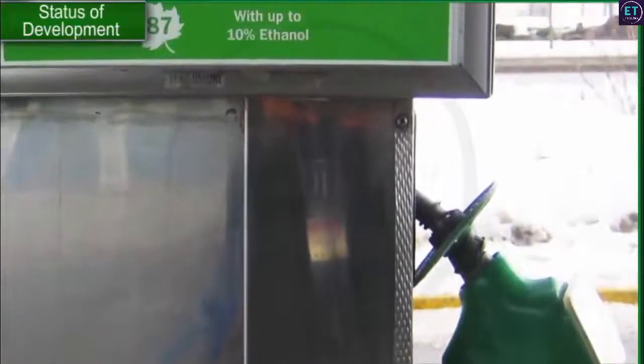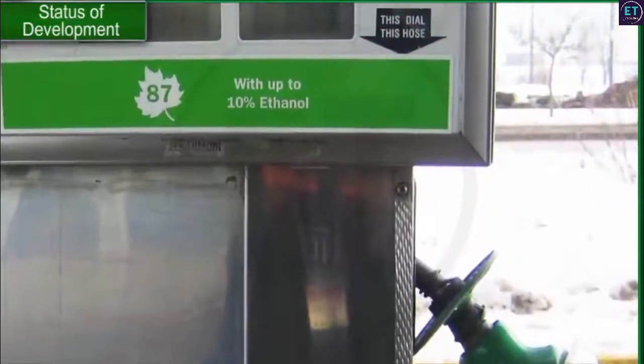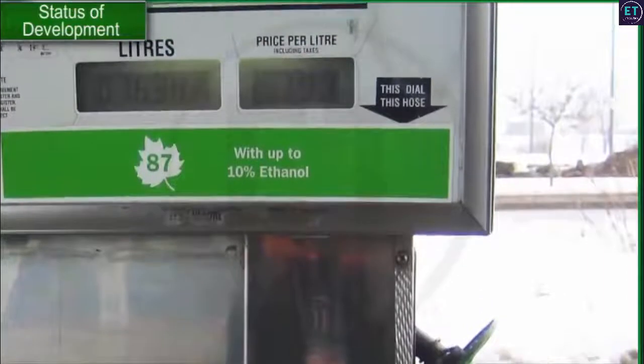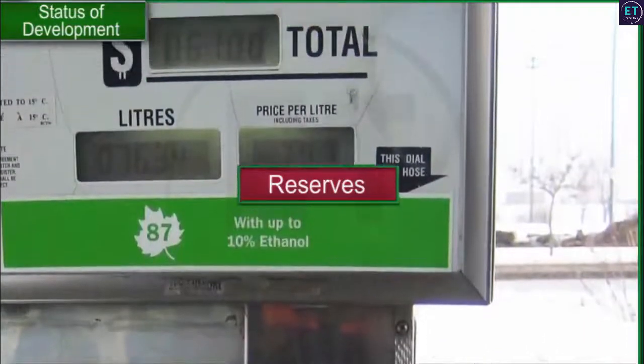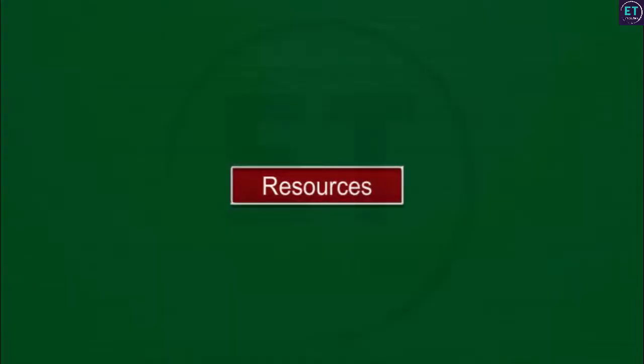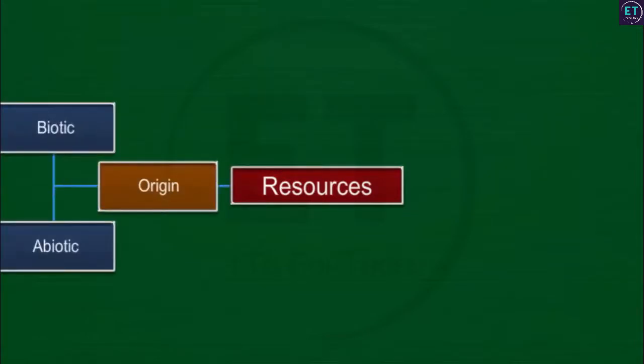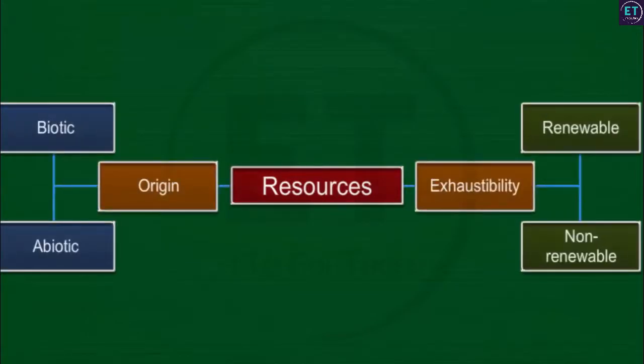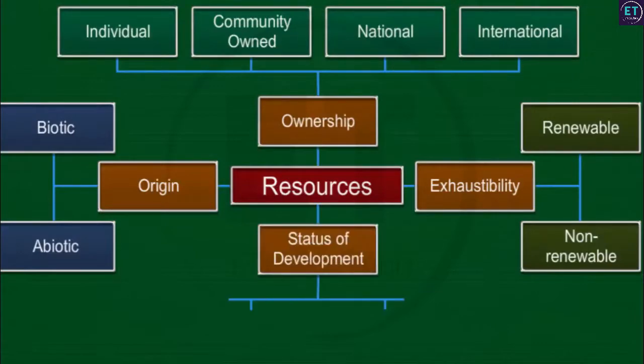Resources that can be used today, but are preserved to meet future requirements are called reserves. Let us quickly look at the classification of resources based on their origin, exhaustibility, ownership, and status of development.